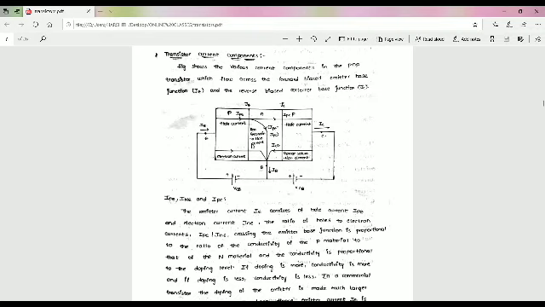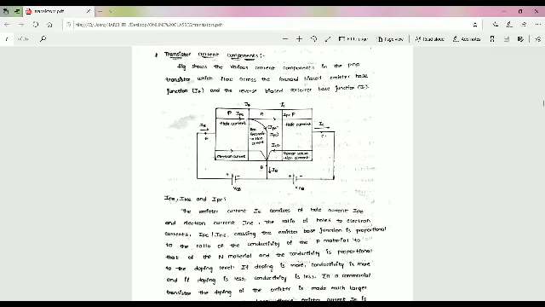In case of a PNP transistor, gamma equals IPE by the total emitter current, that means IPE plus INE, which is IPE by IE. Similarly, the emitter is heavily doped, so IPE is greater than INE and gamma is nearly equal to 1.